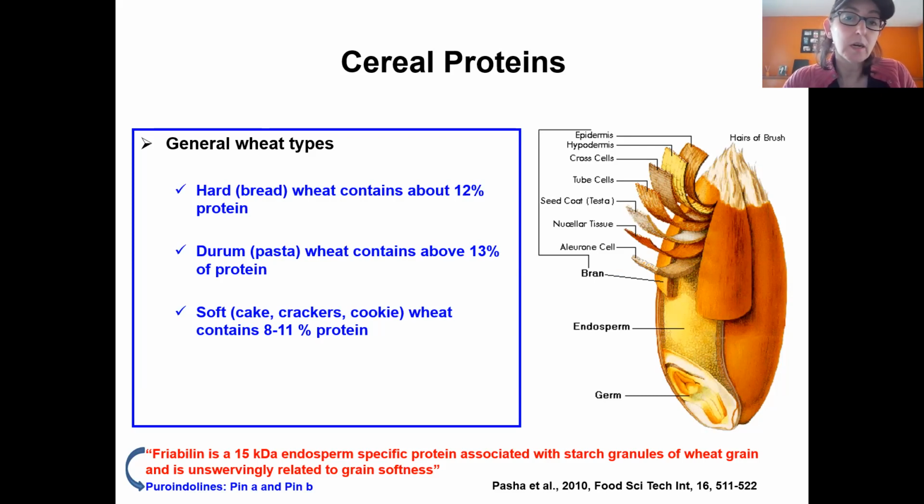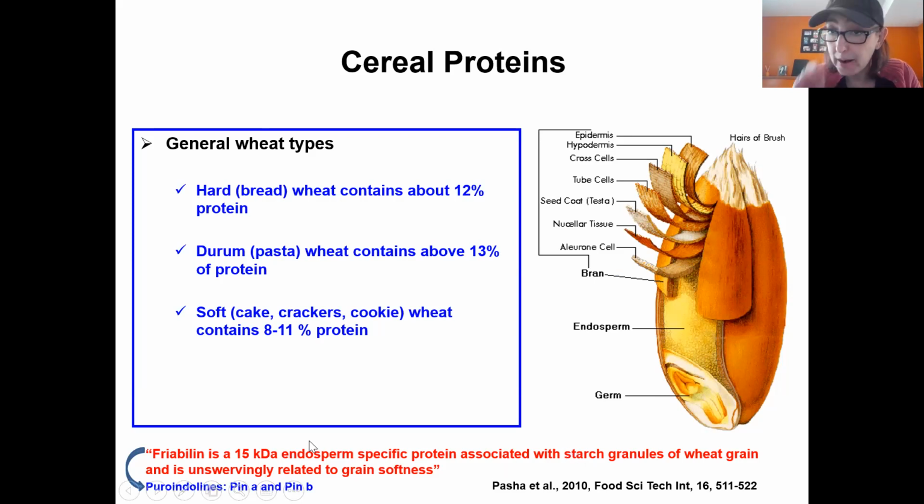There's also another characteristic that is linked to hardness, which is the amount of friabilin or puroindolines. For short, they call them pin A and pin B, which are a specific type of endosperm proteins that associate with the starch granule.